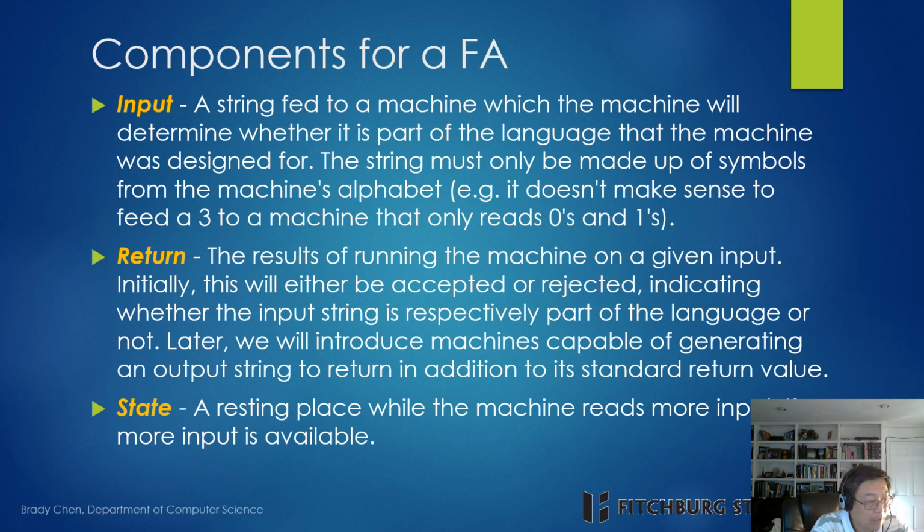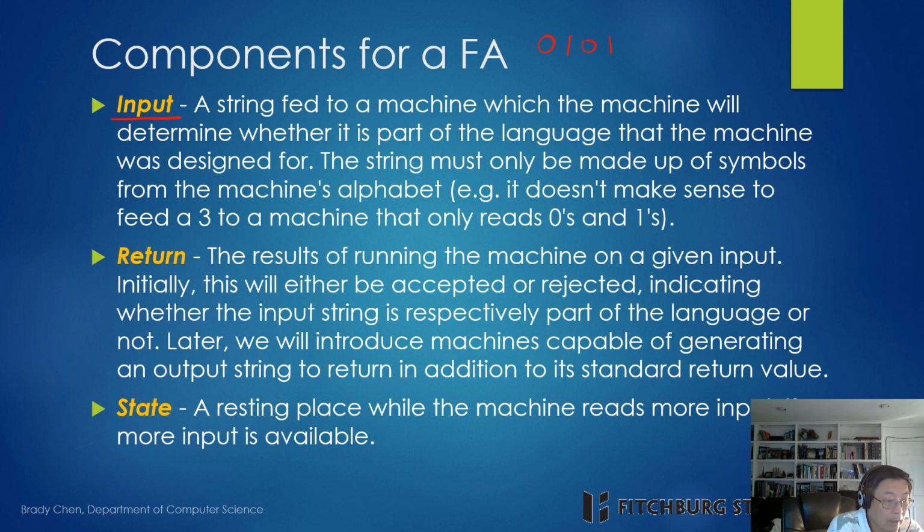So let's discuss the components of the finite automata. Okay, the first one is the input, right? A finite automata must have an input. The input is a string fed to the machine, which the machine will determine whether it is part of the language that the machine was designed for. Remember, the string could be 0101.